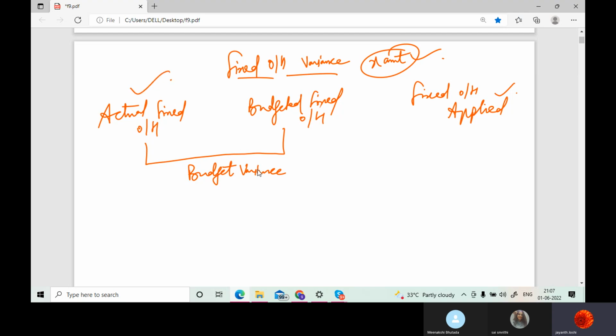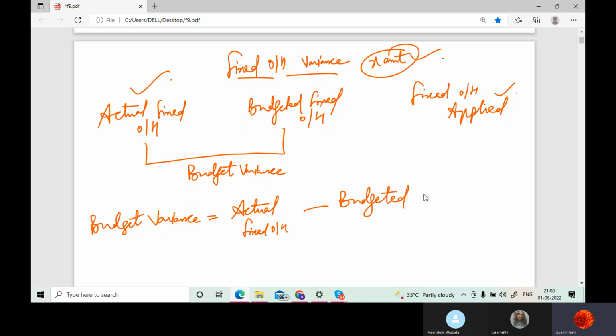The difference between these two will give you budget variance. Now the formula for budget variance: actual fixed overhead minus budgeted fixed overhead. So just make a note of this.